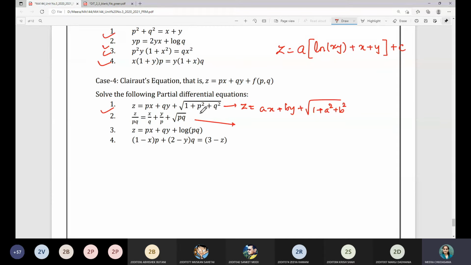Here, since we need z, the expression has to be multiplied with pq, so what will happen? z is equal to pq into x upon q, so it will be just px. pq into y upon p, so p and p get cancelled and it will be qy. And here it is multiplied by pq, and p and q are under the root. So now you can see that p is of degree 3/2, q is of degree 3/2. This is the complete integral. What will it be? Tell me. ax plus by plus square root of a cube b cube.